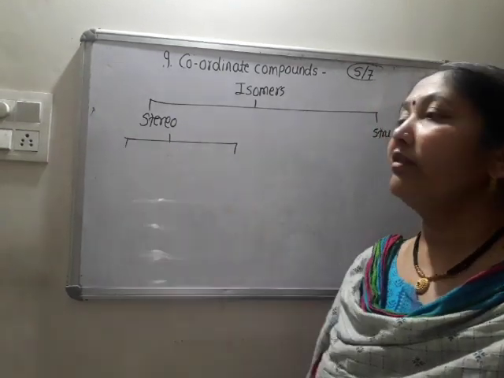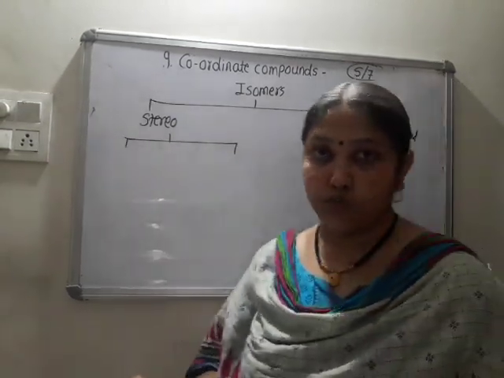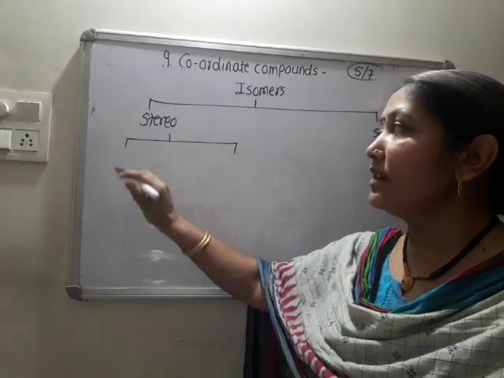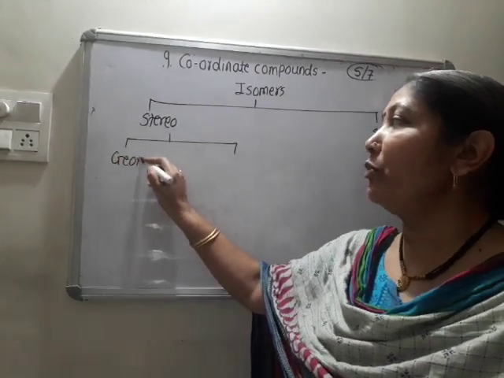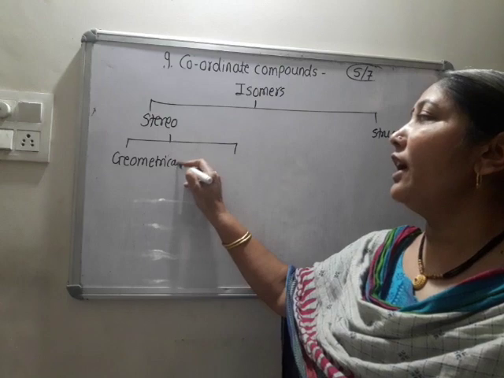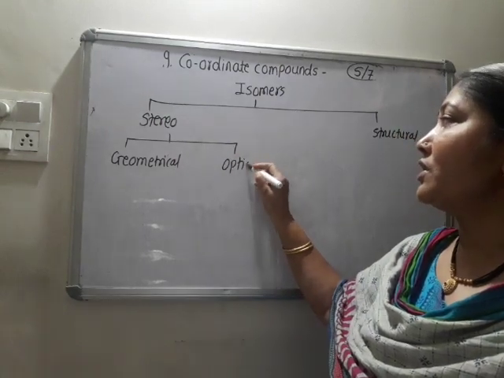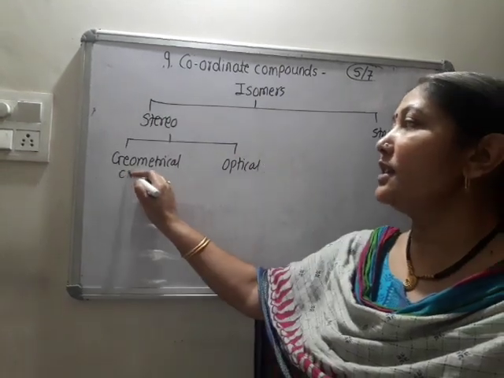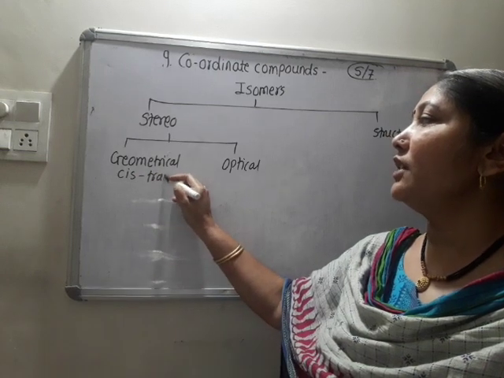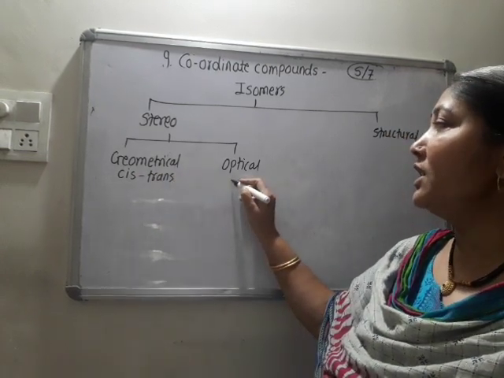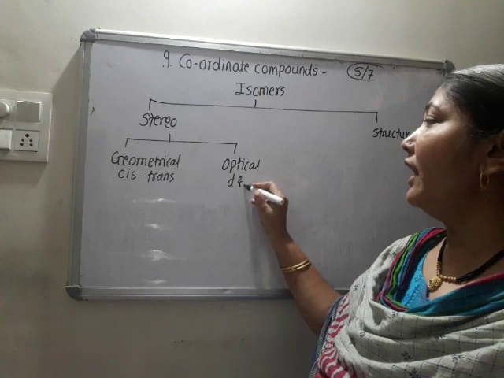Two are there which show stereoisomers. One is cis and trans, so we call them geometrical isomers, and the other one is optical isomers. Cis and trans. And here optical means D and L isomers.